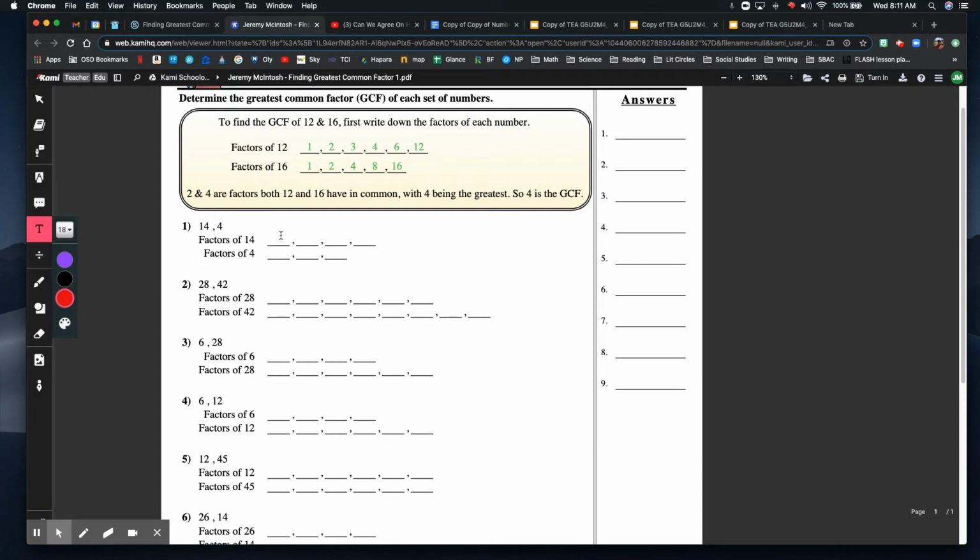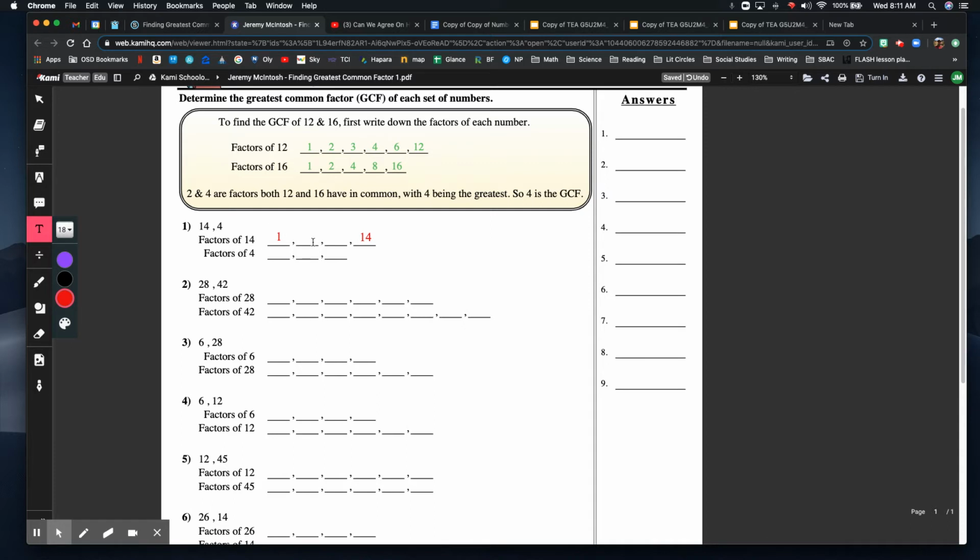So what we're going to do is try to find factors of 14 first. Remember, you can always start with 1 and the number. So 1, and I'm going to put 14 on the end because I like to keep my numbers in numerical order. So 1 times 14 is 14. There are two more numbers that we can multiply together to get 14.